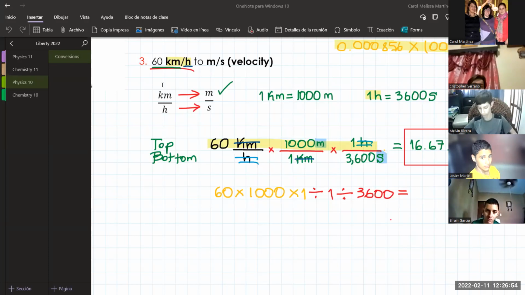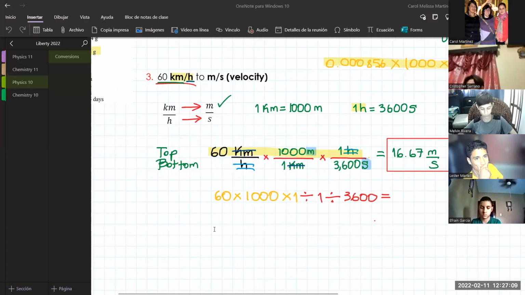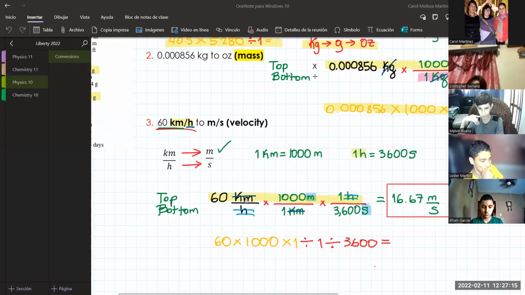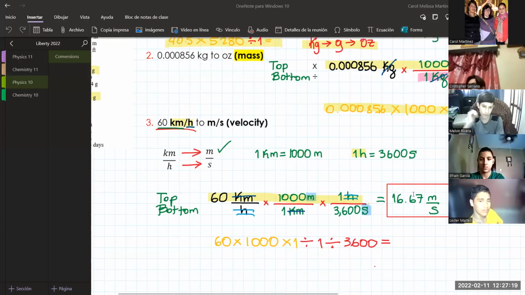I'm going to assign a homework for you to work in the weekend, and we can discuss on Monday or Tuesday, according to your group, okay? Just remember this, keep that in mind. Everything in the top multiplies, everything in the bottom divides. Did you get the same answer as me? 16.67? Or did you get a different answer?